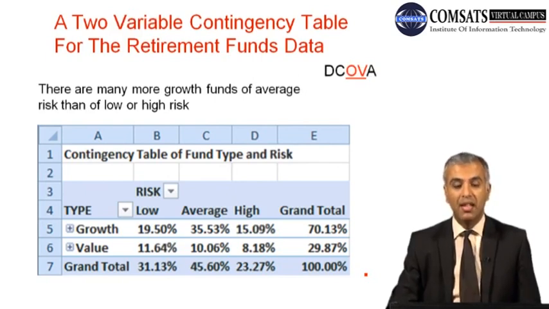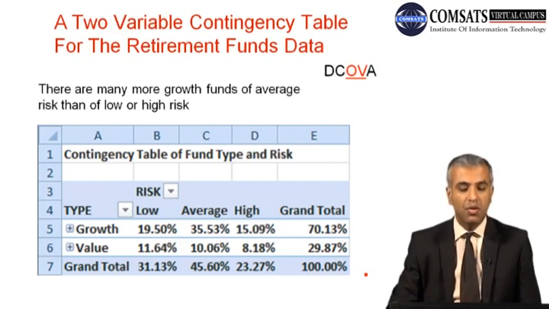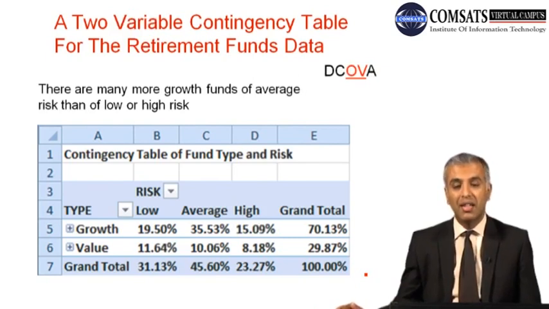The risk factor, which is termed under 3 categories, low, average and high, is displayed in columns. So basically more than 2 variables are being used in order to compare them in the contingency table here. Different kinds of variables can be used in this case.